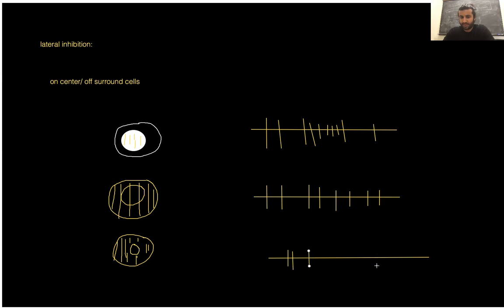Right after I turn it off, I see an increased firing rate. So while the flashlight is on the off surround, I get no response, but once I turn it off, I get the increased firing rate. And this is for the on-center and off-center cells.